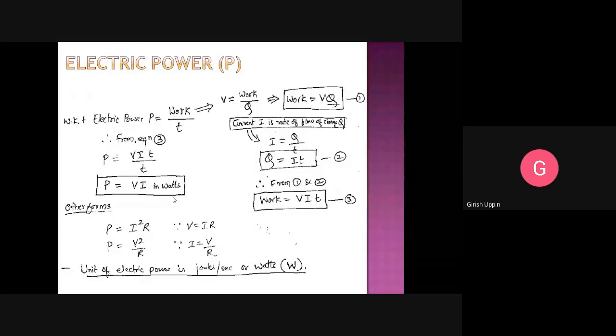Now we know the relation between V, I and R from Ohm's law. V is equal to I into R. Suppose I replace the value of V from Ohm's law, V is equal to IR.